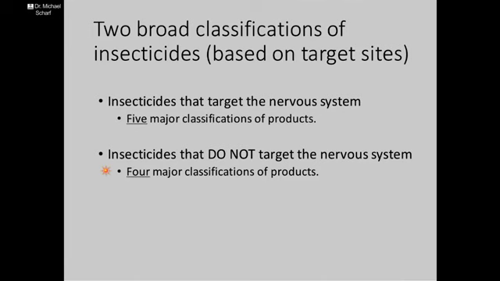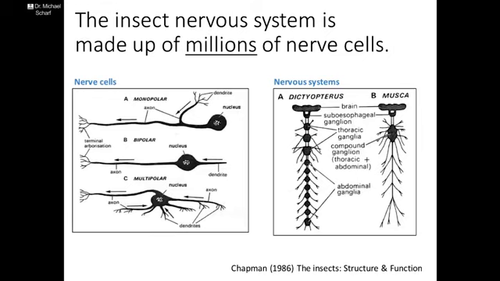And next, I want to talk first about our insecticides that are neurotoxins, which maybe doesn't sound like the best term we want to be using, but they are. They're insecticides that disrupt neurophysiology and disrupt the nervous system. The insect nervous system is made up of millions of nerve cells, which we can see here on the left.